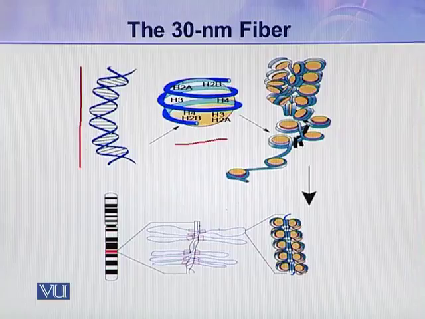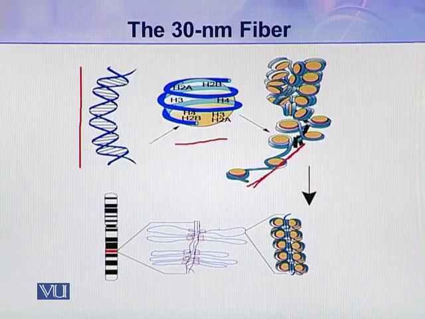At this level, the DNA molecule wraps around the histone molecules, and after this wrapping or winding, it forms a fiber. This fiber is called the 10 nanometer fiber, which resembles beads on a string.